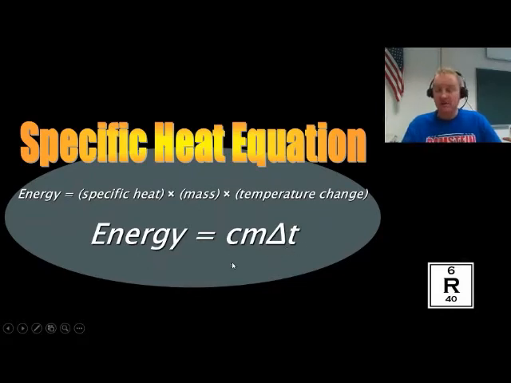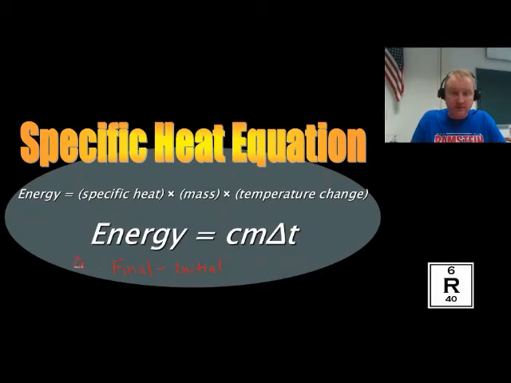And something I'd like you guys to note is that whenever you see this triangle, you might want to write this in your notes, change is always the final value minus the initial value.